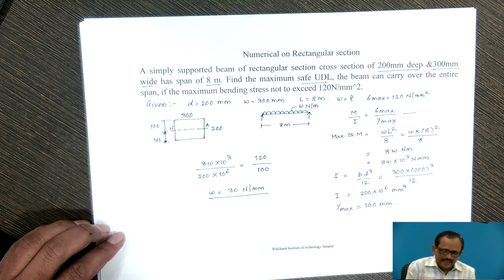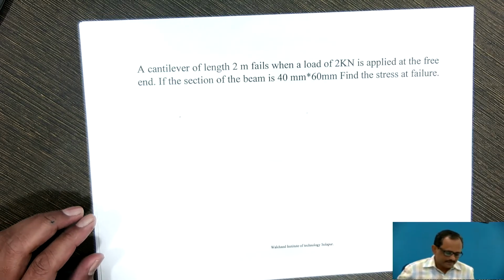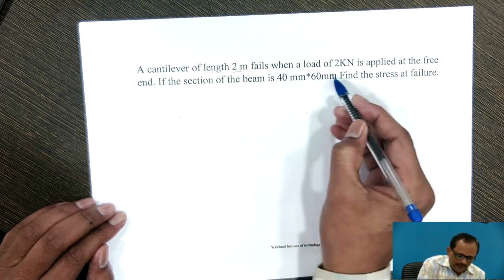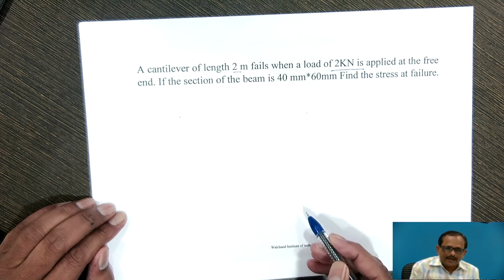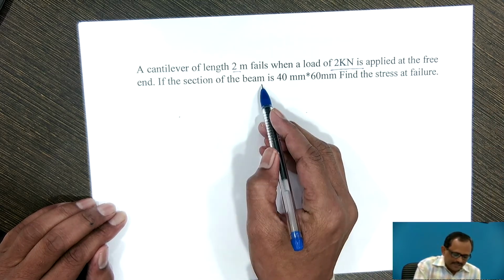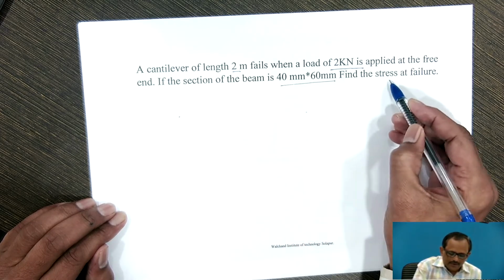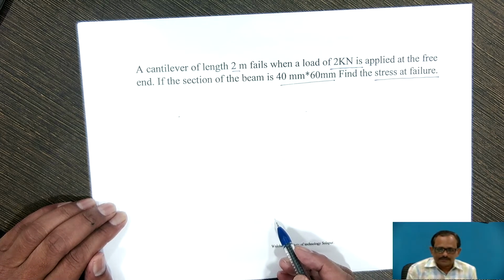Now, we will see the next problem. A cantilever of length 2 meter fails when a load of 2 kilonewton is applied at its free end. If the section of the beam is 40 mm by 60 mm, find out the stress at the failure.